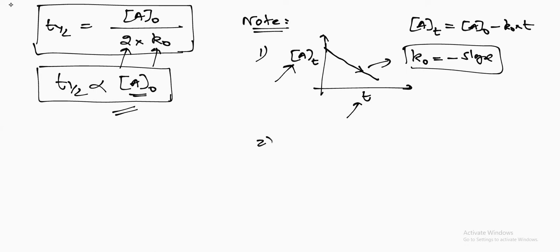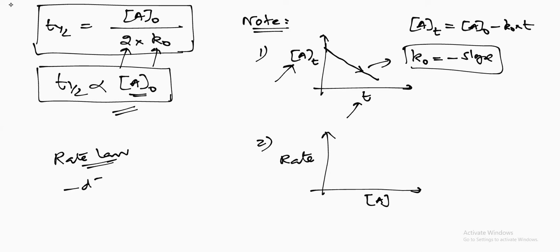And the second important point is that if I plot rate versus concentration of the reactant, how will the plot look? See, from the rate law, we had seen this already, minus dA by dt is directly proportional to concentration of the reactant power 0.